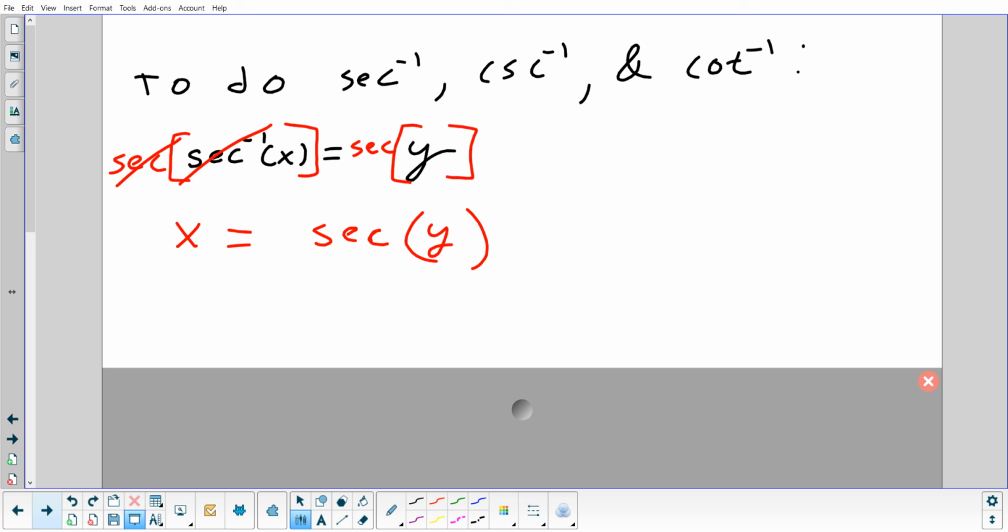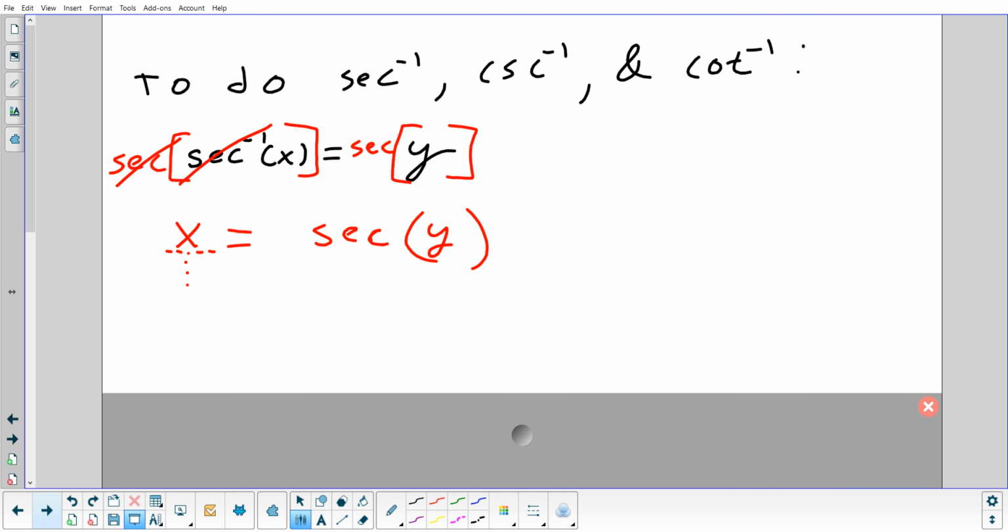You had to flip it. So let's take and flip both sides of this equation. Well, if you're not sure how to flip x, pretend like it's just x over 1. As long as you flip both sides, that's okay. But you got to do it on both sides. So the left-hand side turns into 1 over x.